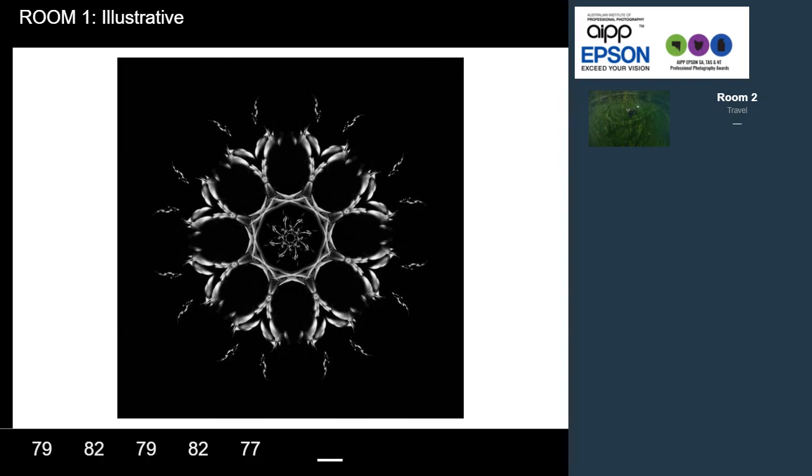Print score's 79. Mark, you were on 79 again. Can I get you to comment, please? Yeah, sure. Look, I think the image capture here is absolutely so strong. The lighting is fantastic, but we've overcomplicated it. I think we've gone that one little step too far.